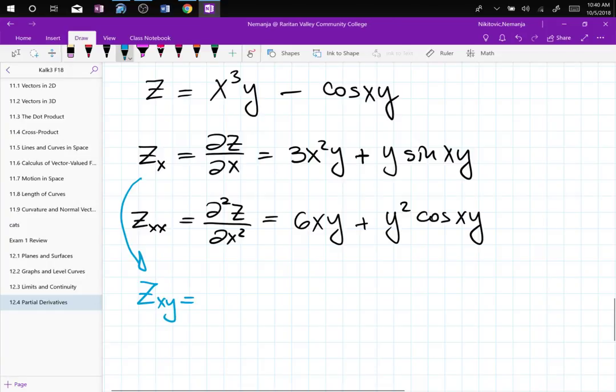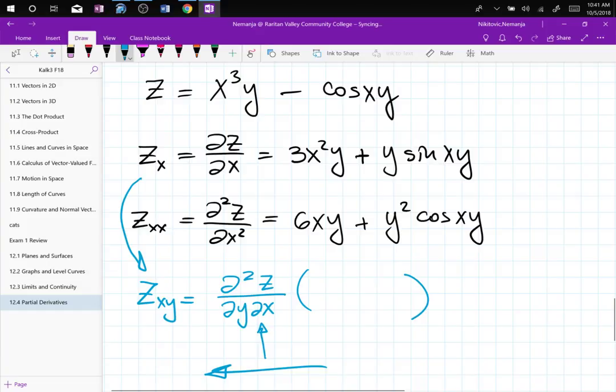Now, the notation for this one is this. Because we did this first, you read the derivatives this way, right? Because if you are to have a function here, you apply this first and then this one second. So you list them in reversed order, right?